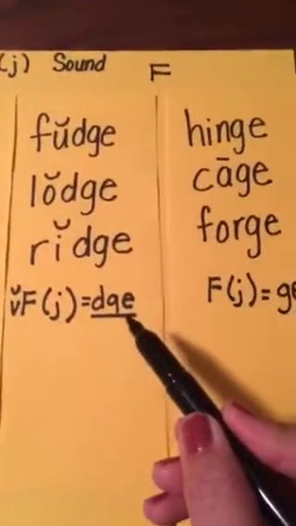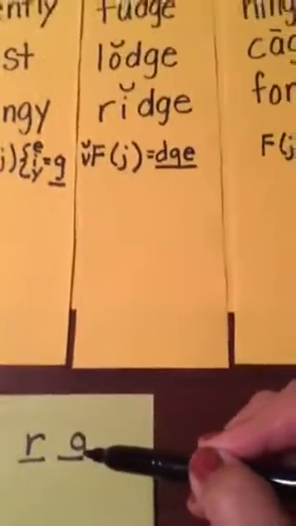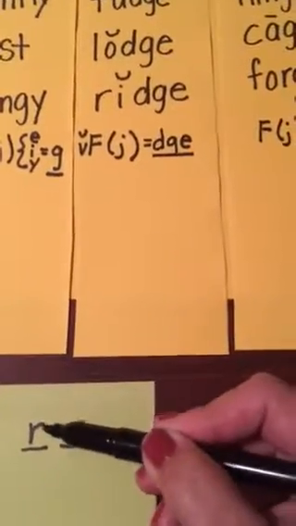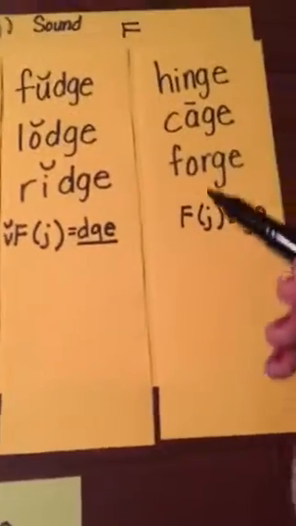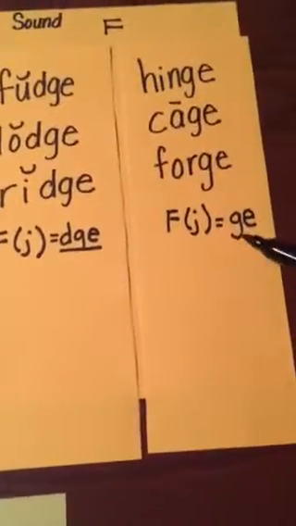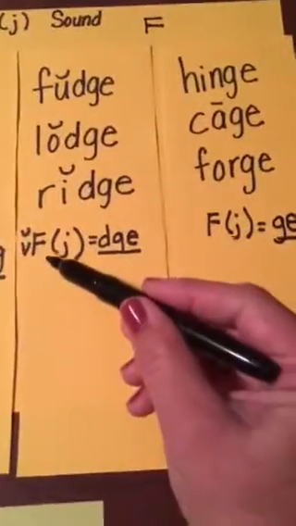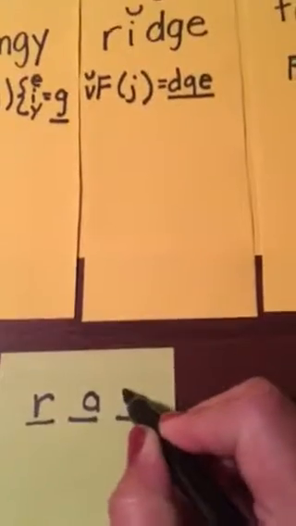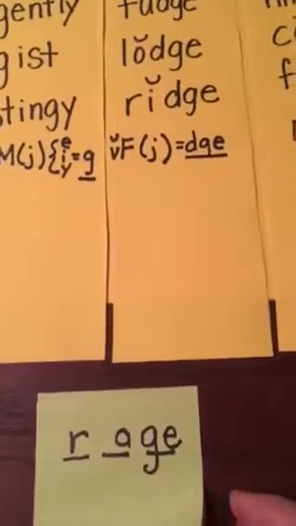It's either DGE or GE. Let's look at what's before it. It's a long sound, R, A. So with a long sound, I know it's GE here because DGE is only for short vowels. So I'm going to put GE down here. That's correct. That's the way to spell rage.